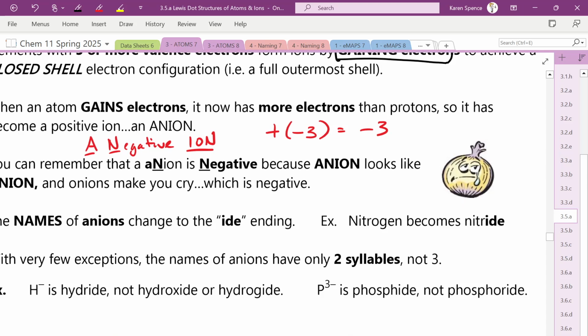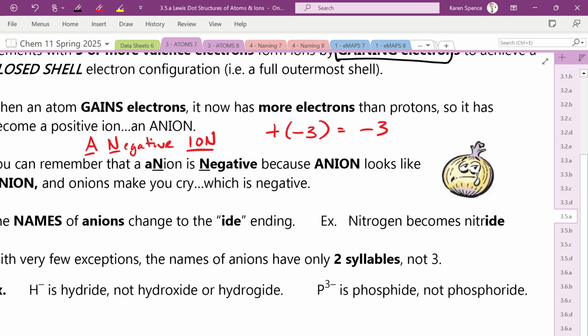I don't think we need to spend a lot of time on this because you guys have already done naming. How many syllables in the name of an anion? Nitrogen. How many syllables in that? Nitrogen has 3 syllables. What would its anion have? Nitride. 1, 2 syllables.